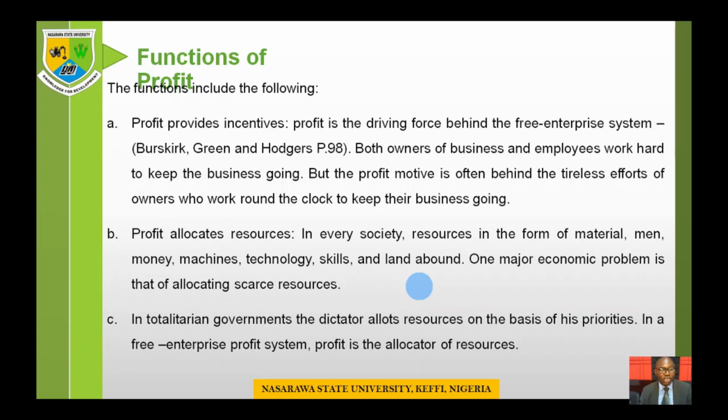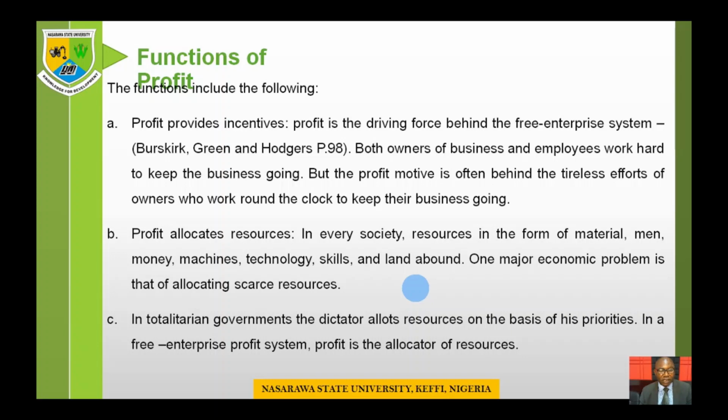Number 2 function is profit allocates resources. In every society, resources in the form of material, men, money, machines, technology, skills, and land abound. One major economic problem is that of allocating scarce resources.